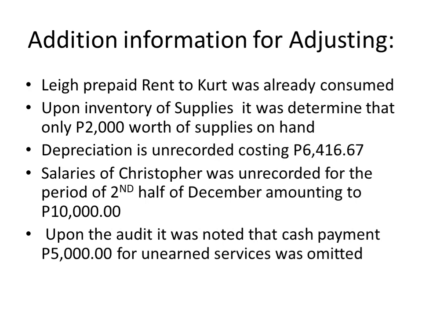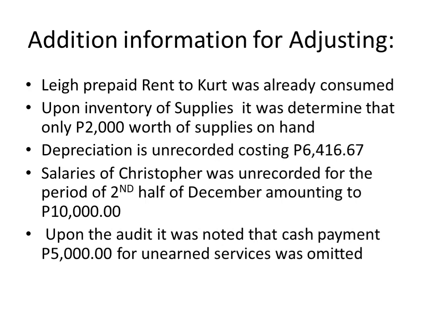Next, we have depreciation is unrecorded, costing 6,416.67. This is an example of our depreciation in our adjusting. Next, we have salaries of Christopher unrecorded for the second half of December, amounting to 10,000. This could be an error because it's unrecorded, but this could also be our accrued, because services were being rendered by Christopher to us, but it wasn't paid yet.